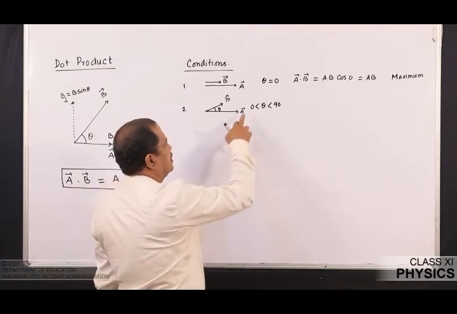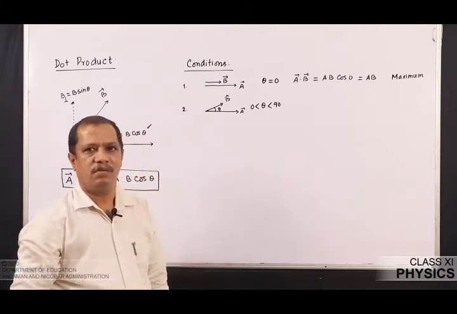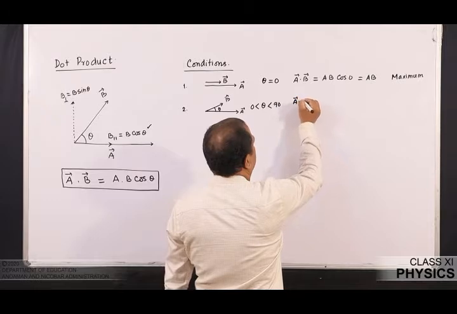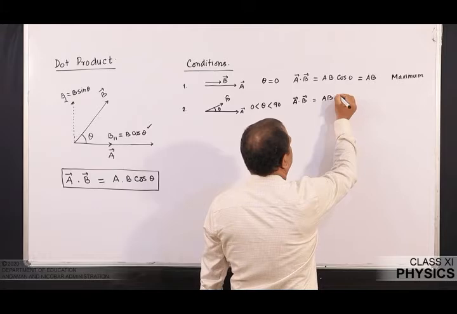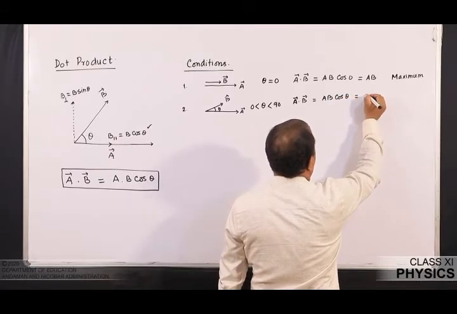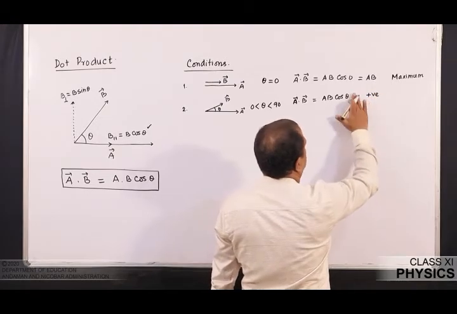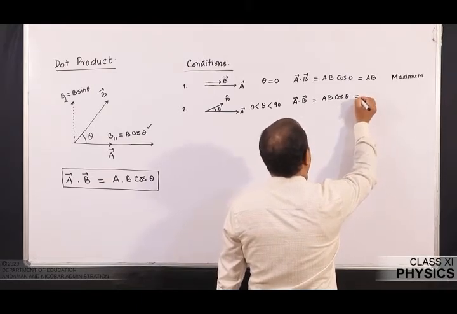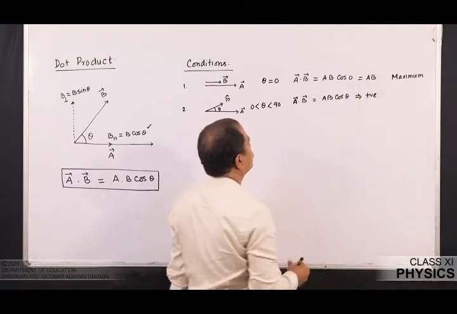So cos theta, for theta greater than 0 and less than 90, is positive, and as such when I find A dot B, I get AB cos theta, and this value is going to be a positive value, but less than this AB.